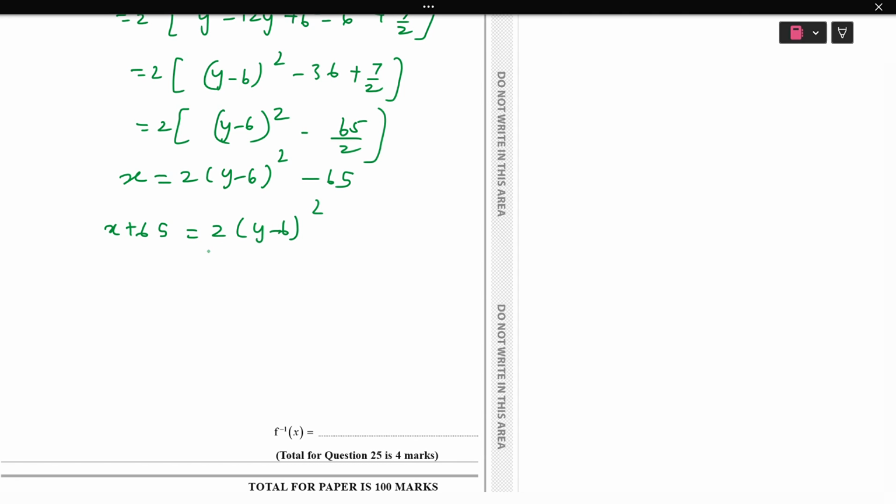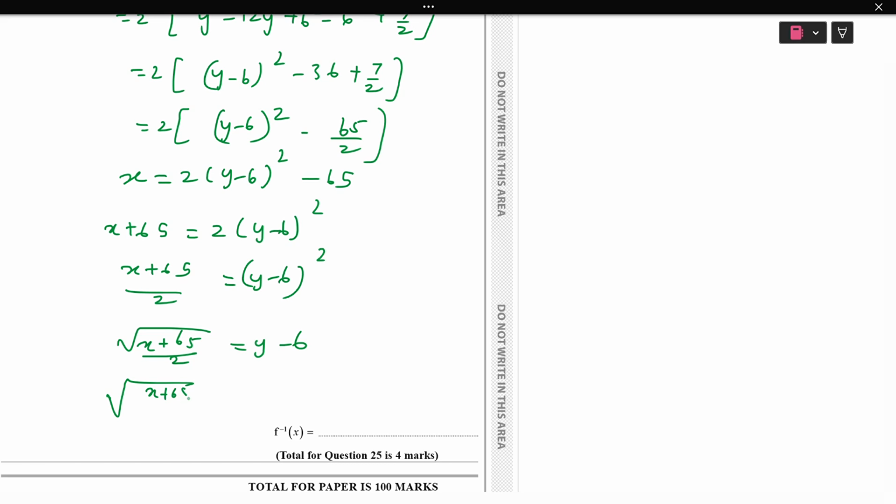Bring the 2 here: x plus 65 over 2 equal to y minus 6 whole square. Remove the square by taking the square root: square root of x plus 65 over 2 equal to y minus 6. Bring the 6 here: square root of x plus 65 over 2 plus 6 equal to y. So this is our f inverse of x.